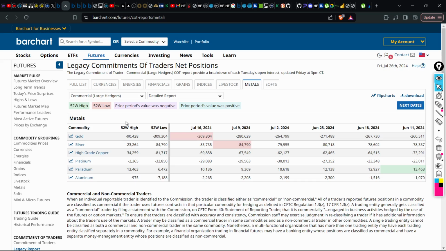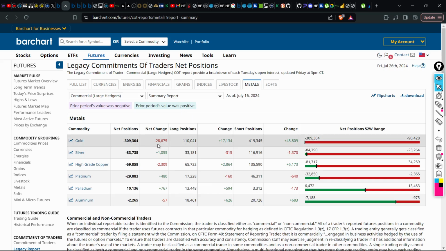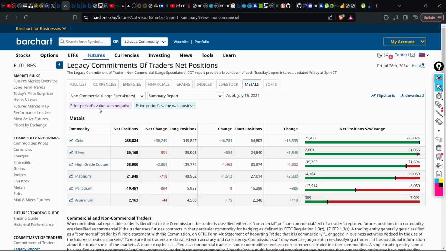So now if you see gold here, for example, let's go to summary reports. Yeah, this is showing net positions in gold minus 9k, and this is where the net positions are. It's net bearish. If you again go to non-commercial large speculators, these guys are net bullish.